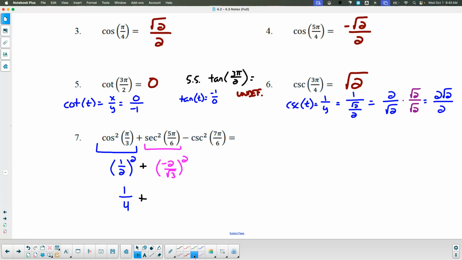And I need to square that. Okay. Secant is the reciprocal of cosine. The cosine at 5 pi over 6 is negative root 3 over 2. What is negative 2 squared? 4. What is the square root of 3 squared? 3. So that's just 4/3.